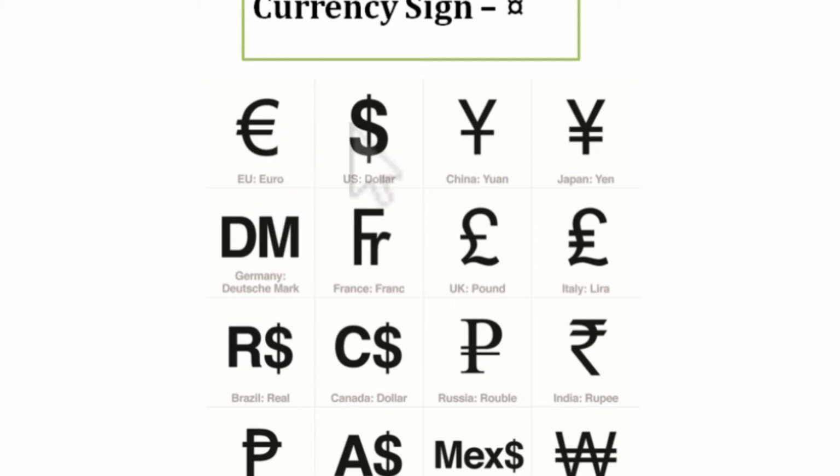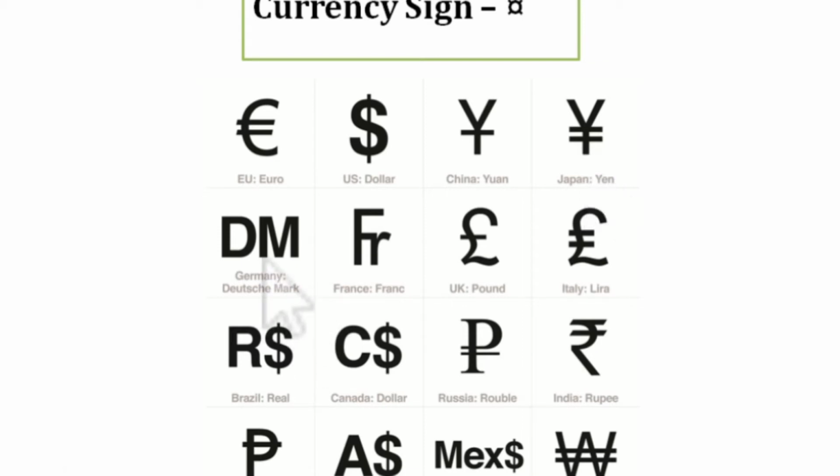Second one is the sign of dollar. Third one is the sign of yuan. Yuan is the currency which is used in China. The fourth one is yen. It is pronounced yen, and it is the currency which is used in Japan.